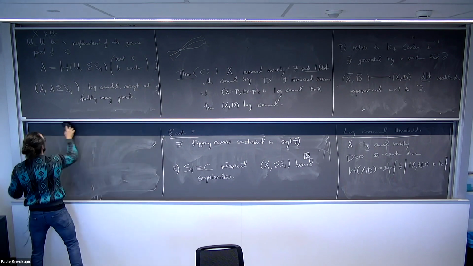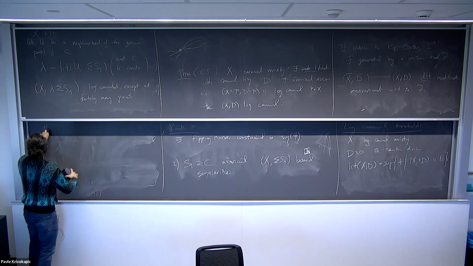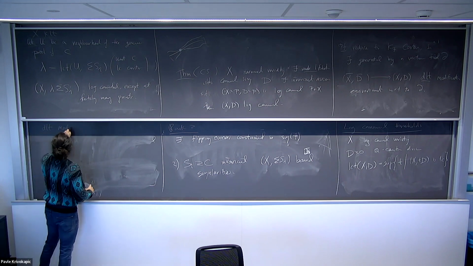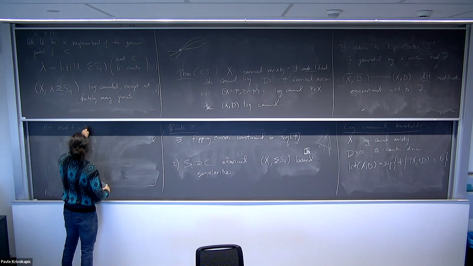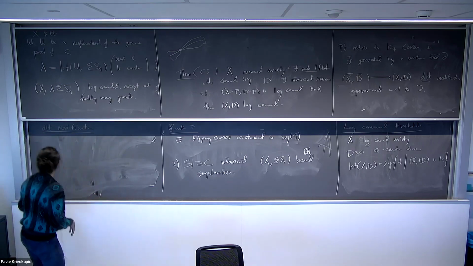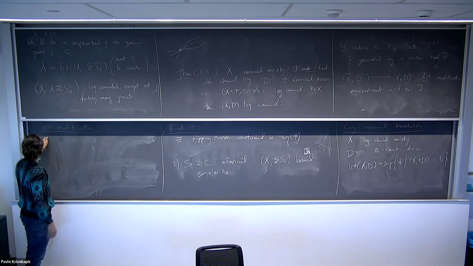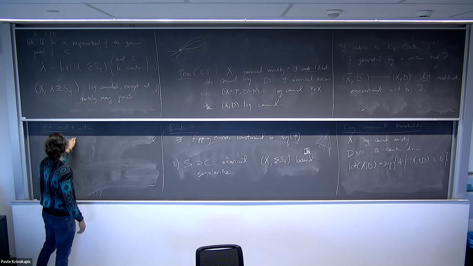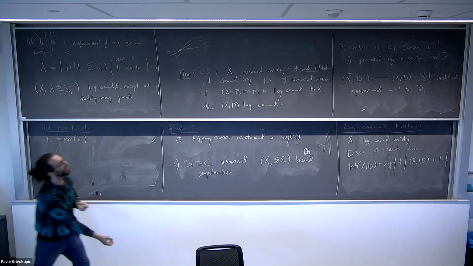A DLT modification has the following properties. Let E be the exceptional locus of our morphism, which I'm calling pi.